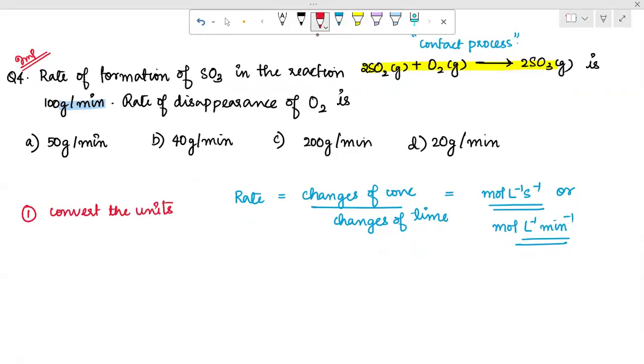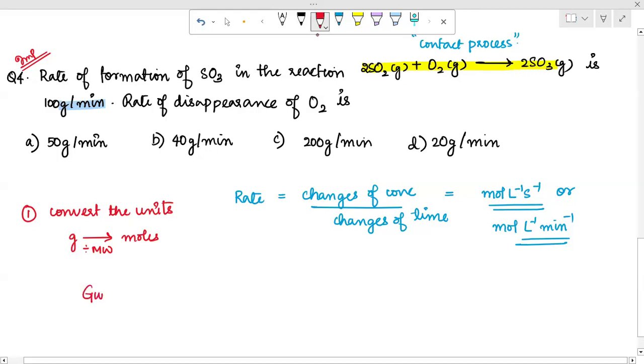Now, how do you convert grams to moles? All that you have to do is you have to divide it by the molecular weight of whatever compound that you take. Let's do it for this one. I repeat, how do you convert grams to moles? If some mass is given, you have to divide it by the molecular weight of whatever species that we consider. Then you get the corresponding moles. For example, here they have said that SO3 is being formed.